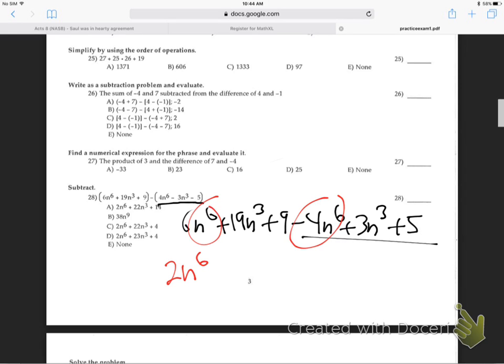Is that good? 6 minus 4? And then 19n cubed and 3n cubed is 22n cubed. And remember, we don't mess with powers because we're adding, subtracting. No messing with powers, right? And then 9 and 5 is 14. Is it none of the above? Oh, is it A? A it is.